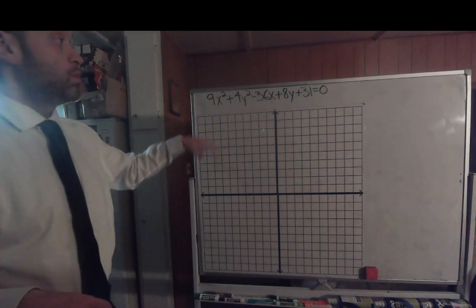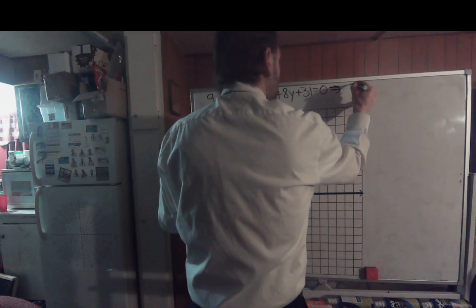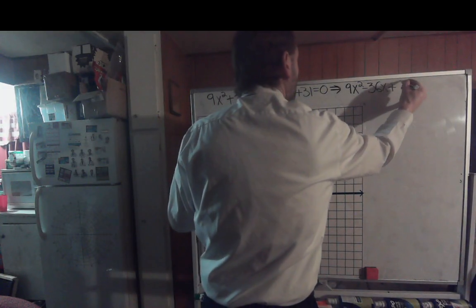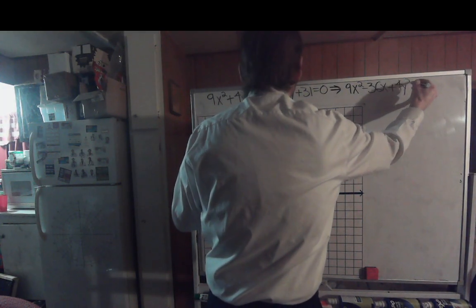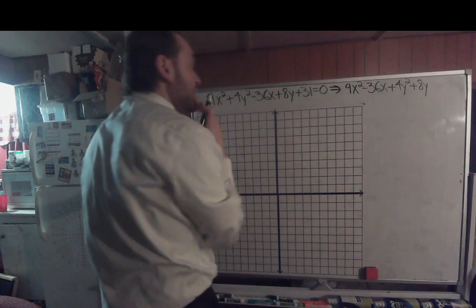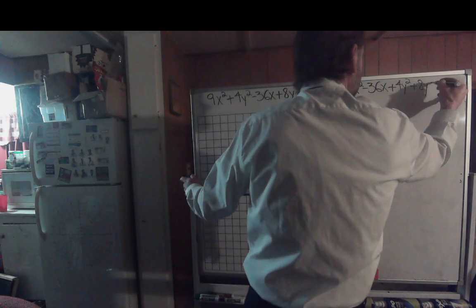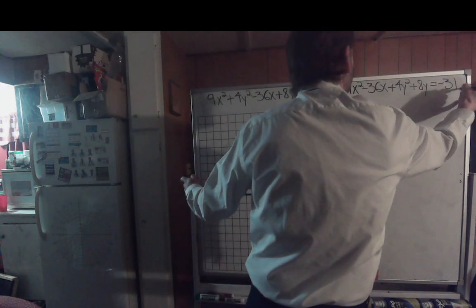Well, once again here I'm going to say let's get our variables together. So that's going to turn into 9x squared minus 36x plus 4y squared plus 8y. Now, we want to get rid of that constant term of 31 on the left, so this is all going to equal negative 31.